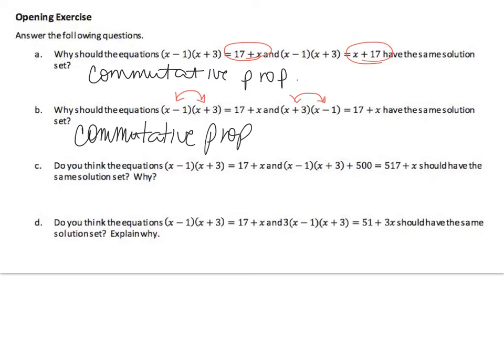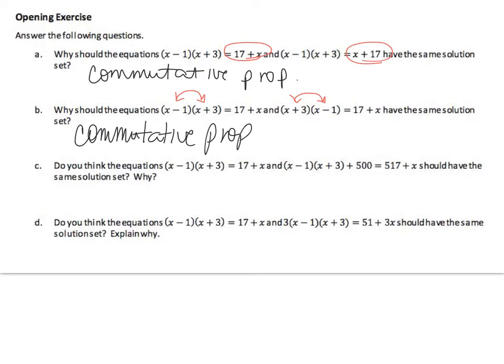Next question, do you think the equations (x minus 1)(x plus 3) equals 17 plus x, and (x minus 1)(x plus 3) plus 500 equals 517 plus x should have the same solution set?